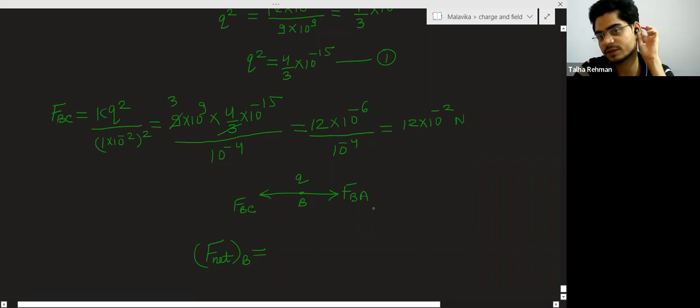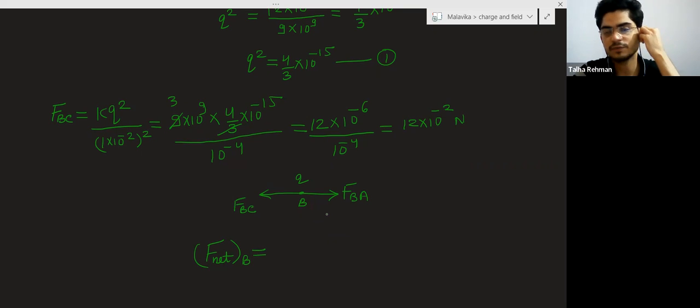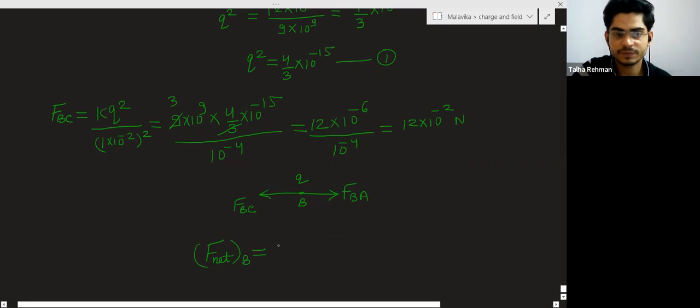We can subtract. These are two anti-parallel vectors, and for calculating the net force from this, we simply subtract the two forces.